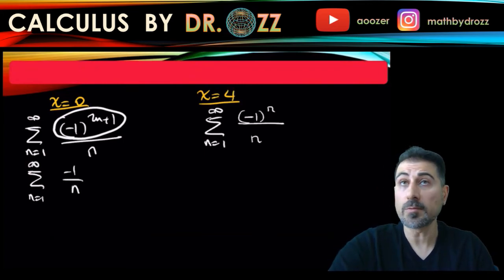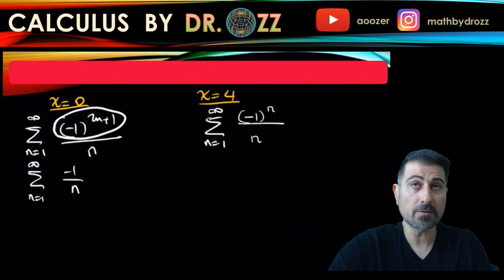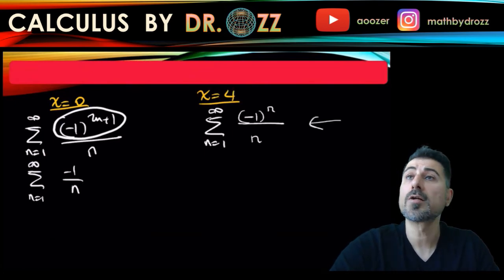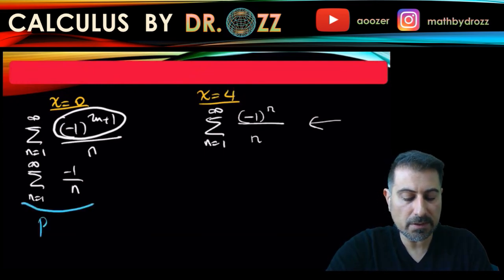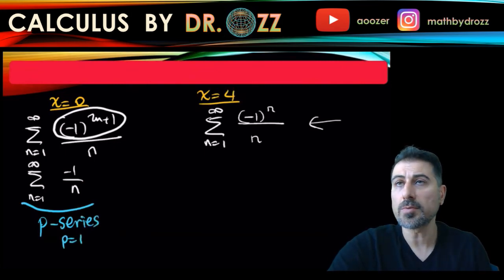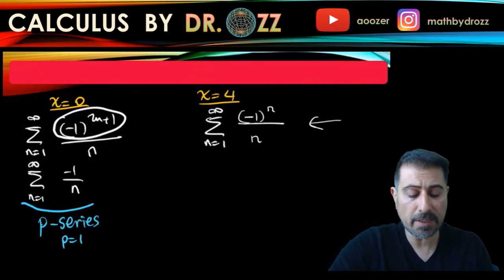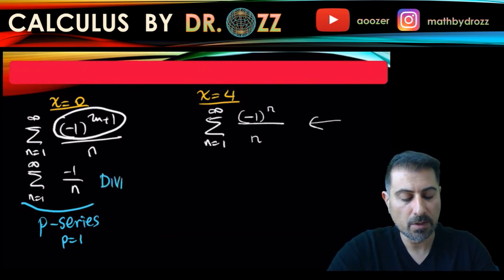There's no alternation anymore, whereas this one keeps the alternation here. All right, the first series is a known series. This is a p-series for p equals 1, or simply the harmonic series. We know that when p equals 1, the series is divergent.